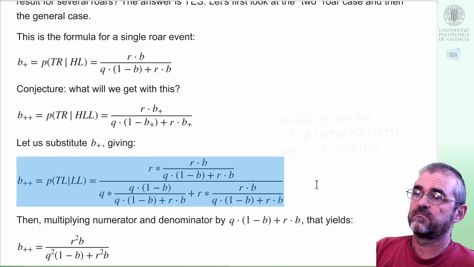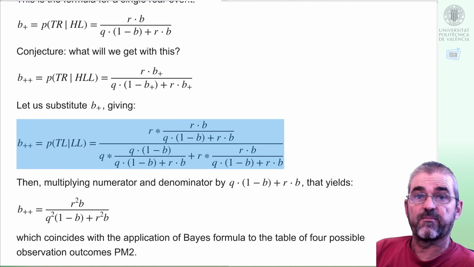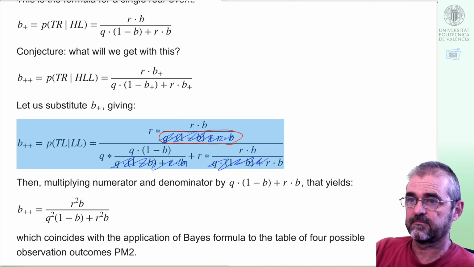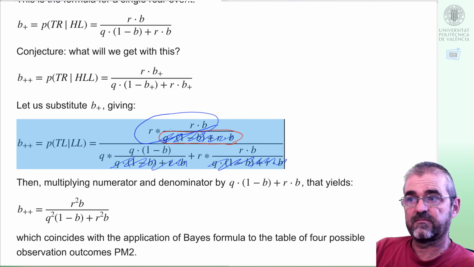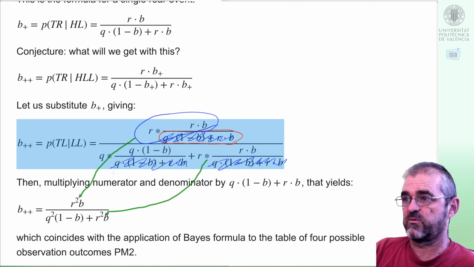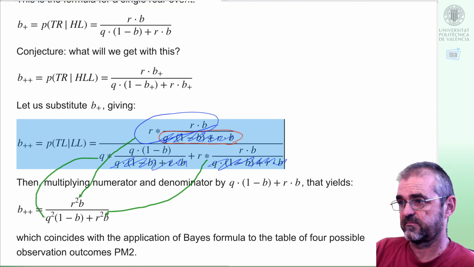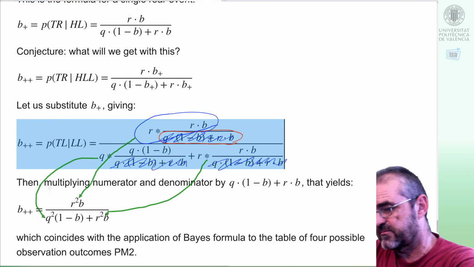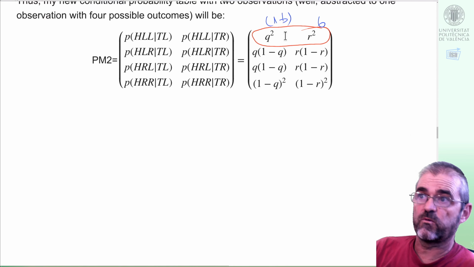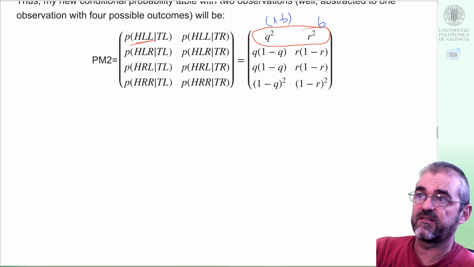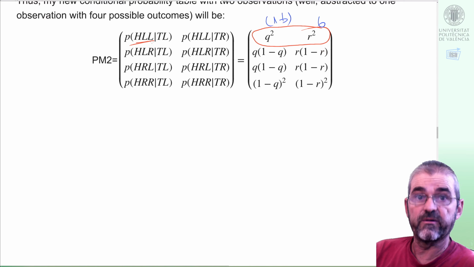And now, if I multiply numerator and denominator by this thing, I remove them, and I have r squared b, and in here again r squared b, and down here q squared times 1 minus b, which indeed coincides with the application of Bayes' formula for this left observed event in the non-recursive way.